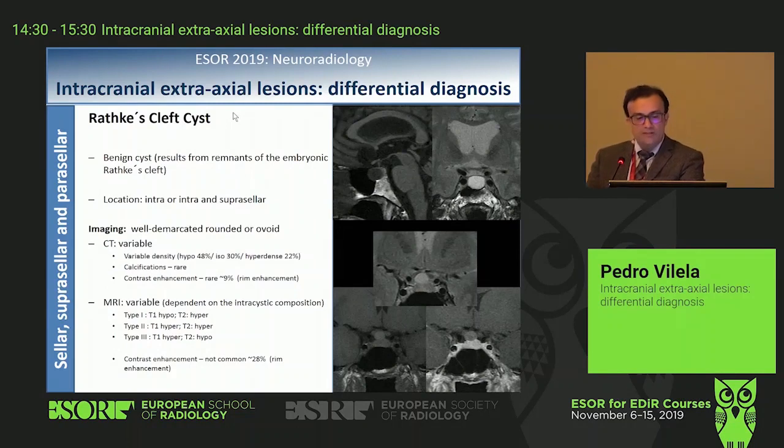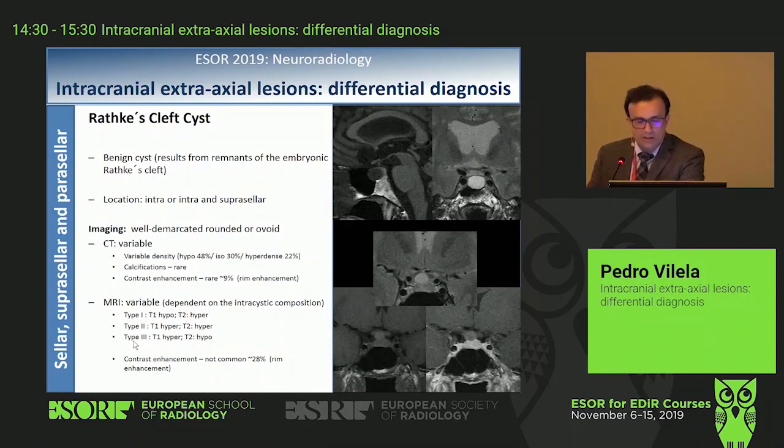So the first one is the Rathke's cleft cyst, which is a remnant of the cleft and is a benign cyst, and it can be located at the sellar region or at the suprasellar cistern. They typically have different types of signal intensities on MR, the easiest to diagnose being when they have a high signal on T1.